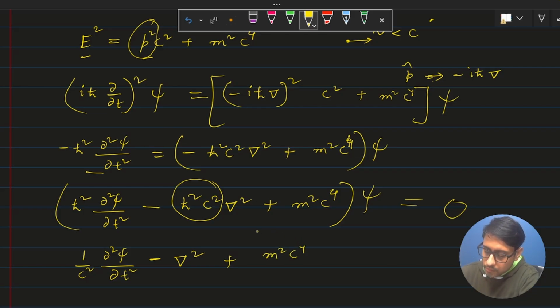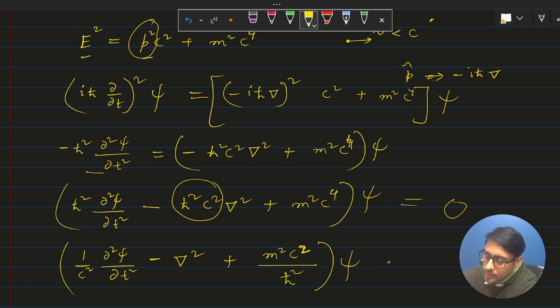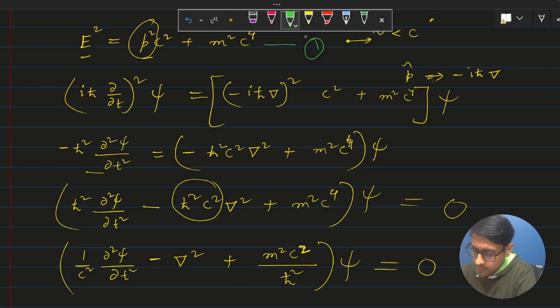Now we have cancelled out two terms of c, and we get over h square acting on psi gives you 0. So this is what we get. I think I should give some numbering to this also. Let's call this equation 1 and this equation number 2.